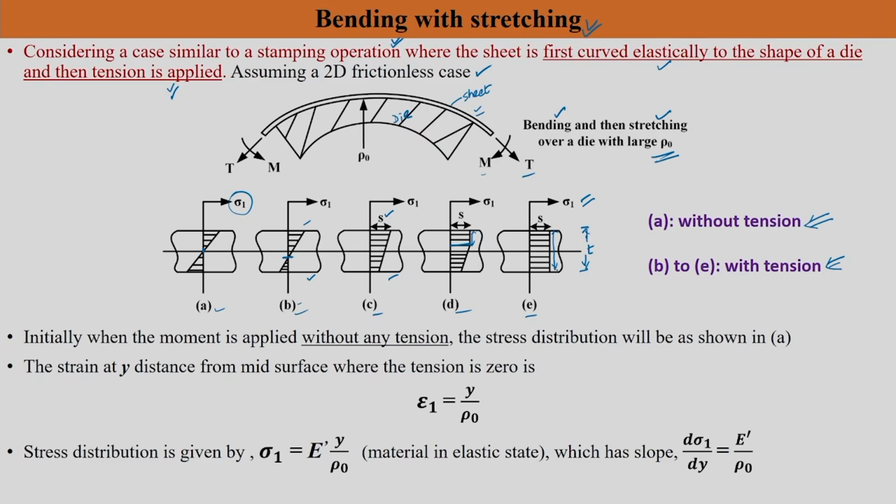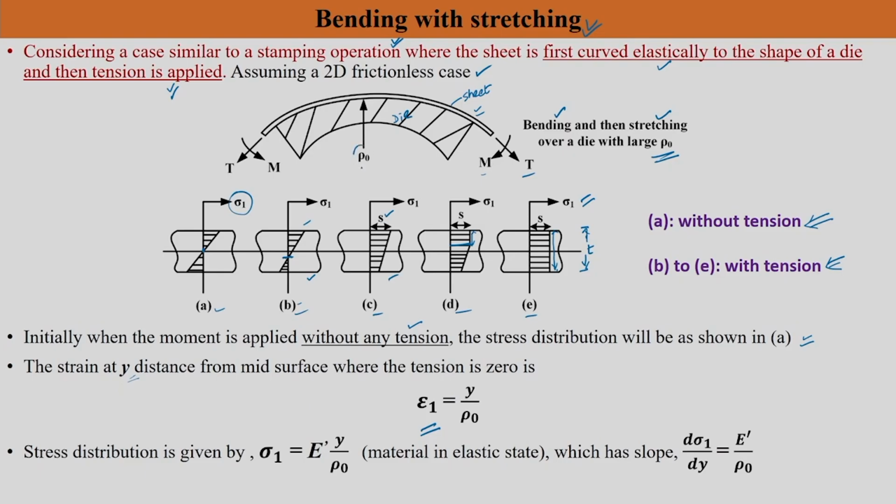These are the differences between A, B, C, D and E. Okay. So, we are going to provide details on each one of these, we will quickly do one after another. Initially when the moment is applied without any tension, okay, the stress distribution will be shown in A. Okay. So, now here the strain at any distance, let us say y, from the middle surface is given by epsilon 1 is equal to ln of 1 plus y by rho, which is written as y by rho. Okay.